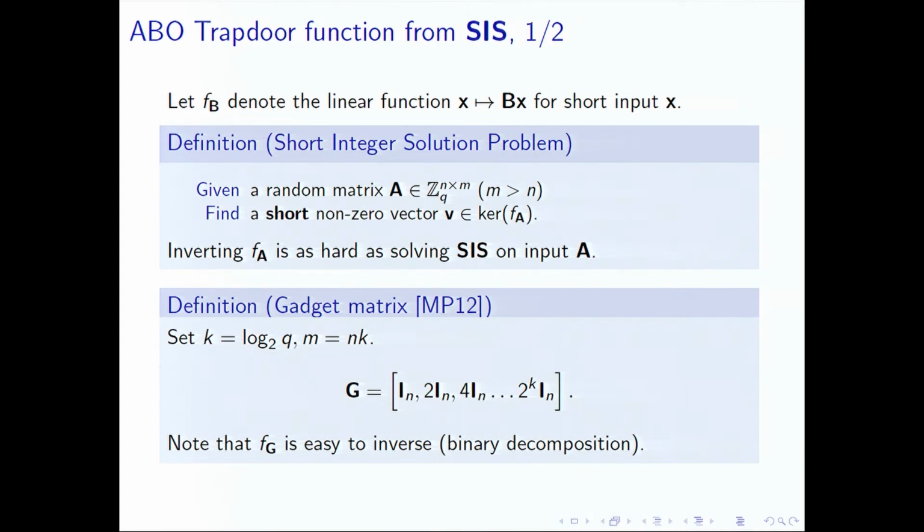And in 2012, Micciancio and Peikert defined this gadget matrix, G, that has basically the same format as this random matrix from SIS. But here, SIS is very easy for this specific instance. Basically, inverting this matrix, finding a short solution, is just binary decomposition.